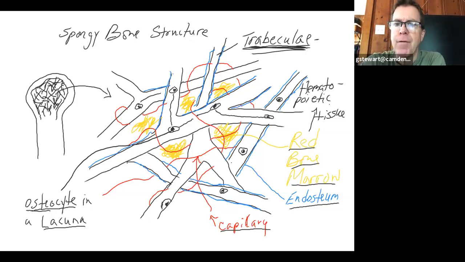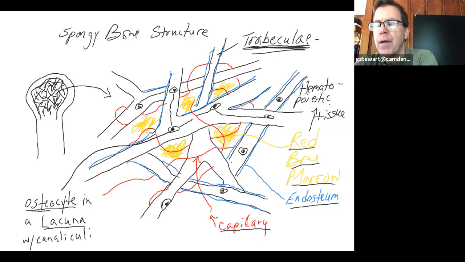So we do have osteocytes in lacuna with canaliculi. But as you can see, unlike compact bone, there's no osteon or growth ring type of arrangement. There's no unit of bone growth in these trabeculi.